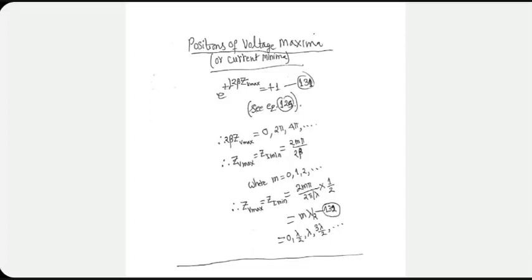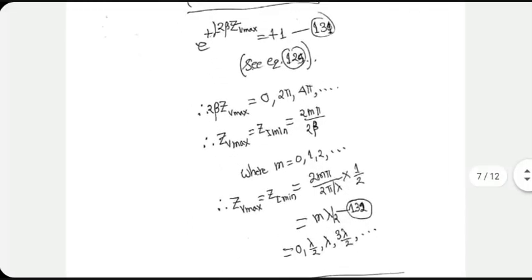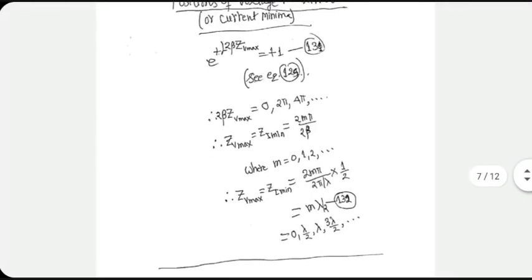So ZV max, which is also ZI min, the position is same for current minimum and voltage maximum. So the formula becomes 2 m pi divided by 2 beta, where m is an integer starting from 0, going to 1, 2, 3, etc.